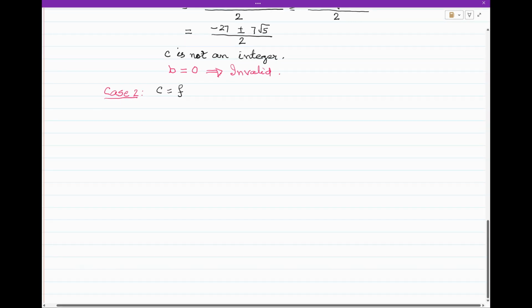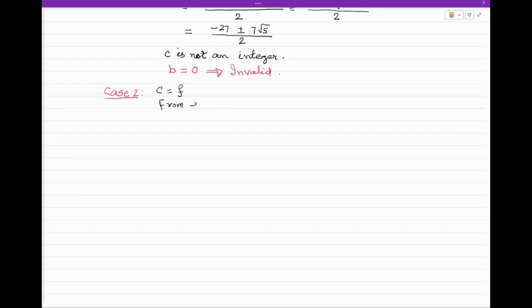Now from equation 4 we know that C multiplied by f is equal to 121, and because C is equal to f we get C square is equal to f square is equal to 121. Therefore, C is equal to f is equal to 11.